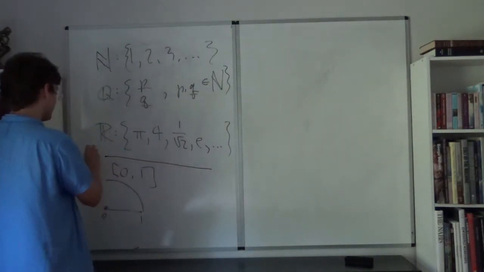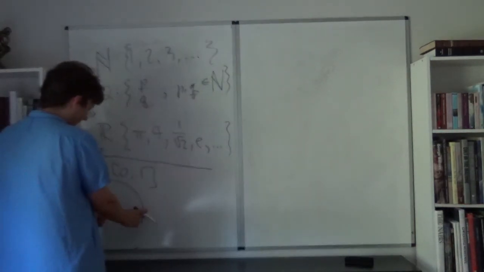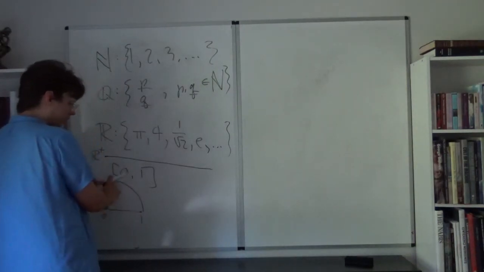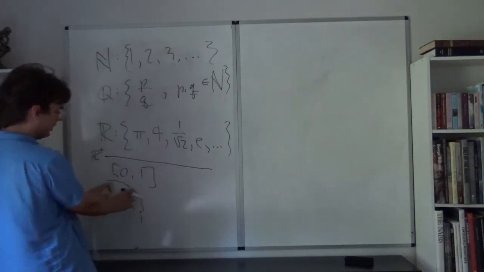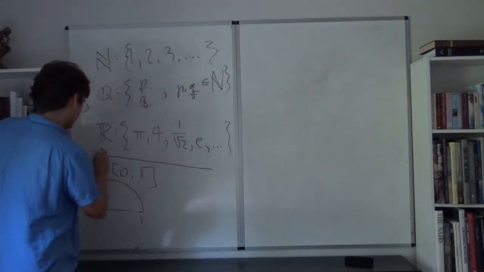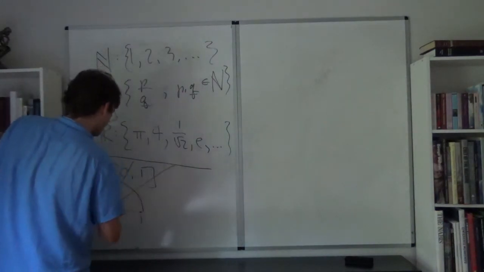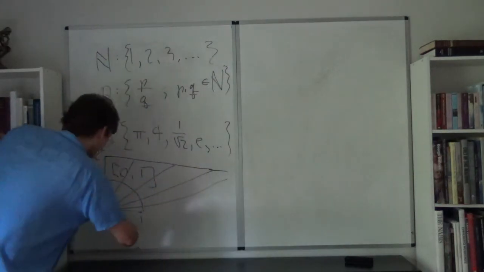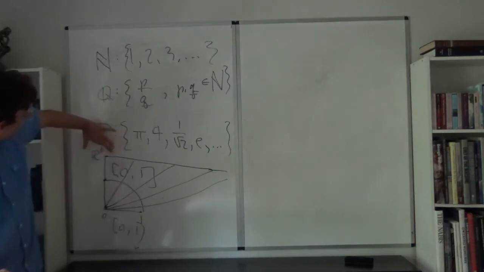So I can pair it up at least with all the positive real numbers this way. I take all the real numbers and I move them up to this quarter circle right here. I can do this very easily. I can just shift it up. And then I can just take a line through here, and I can then pair up everything on this circle with somewhere on the real numbers. So this way I've got 0, excluding 1, can be matched up completely with the real numbers.